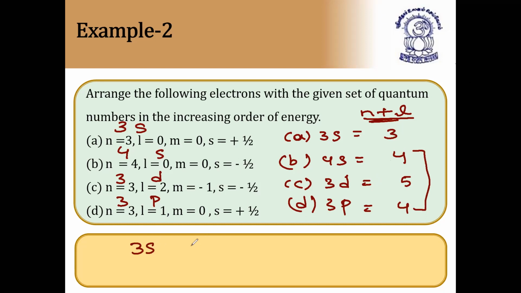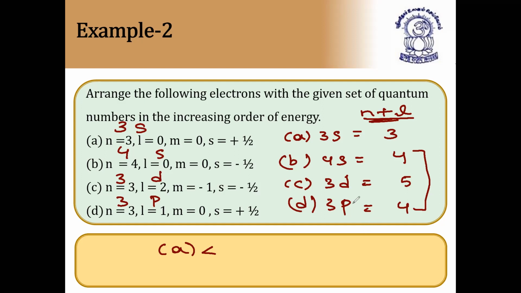A is less than the others. Now in between B and D, we have to check. The n plus L value for B is 4 and for D is also 4, that is 4 and 4. So in this case, the orbital with lower principal quantum number is given preference.